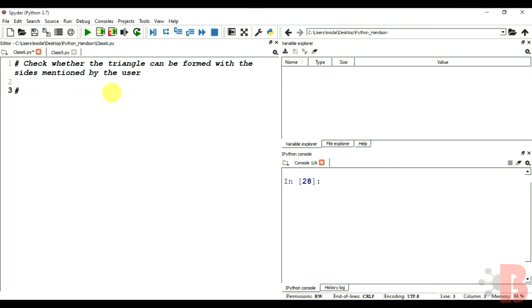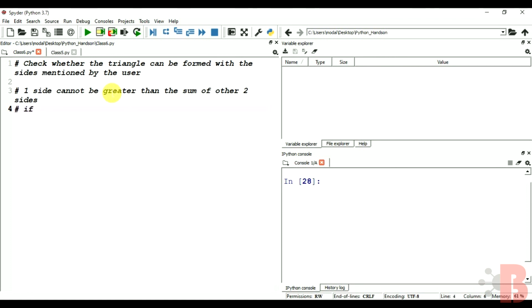To check whether the triangle can be formed or not, the first condition we are going to see is that any one side cannot be greater than the sum of the other two sides. Okay, that will be our first condition.